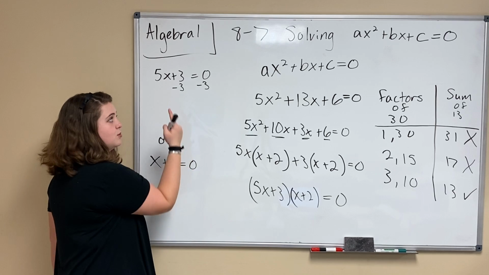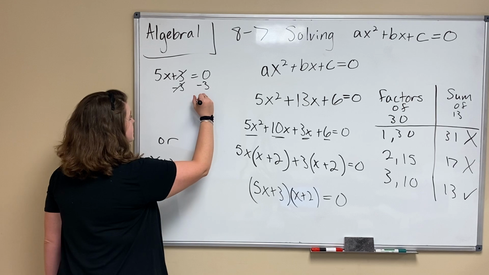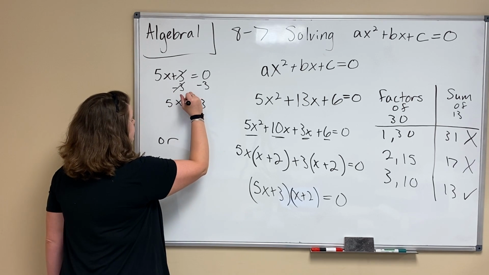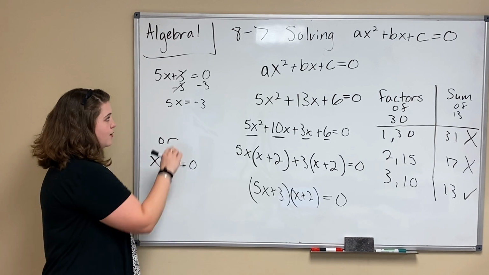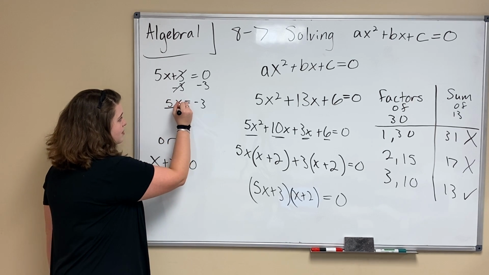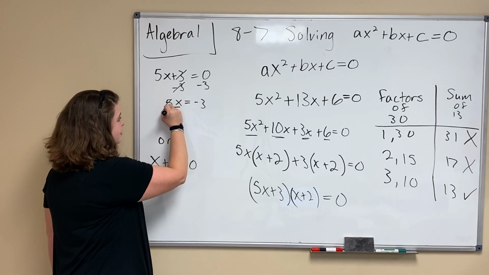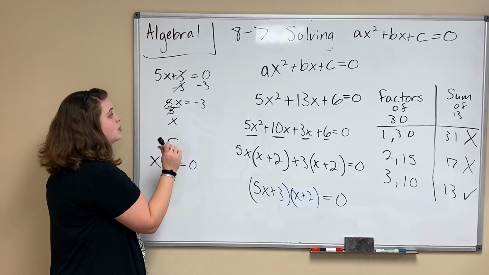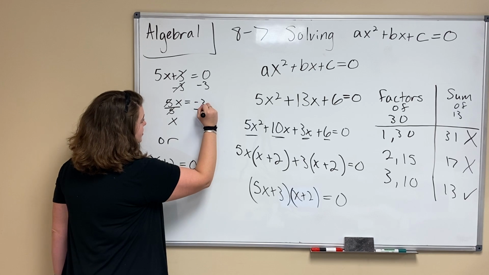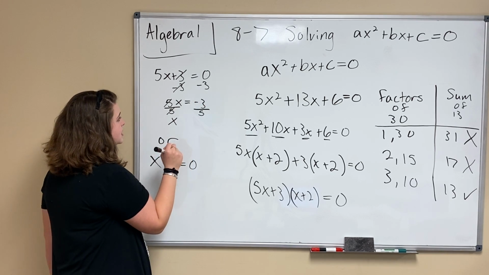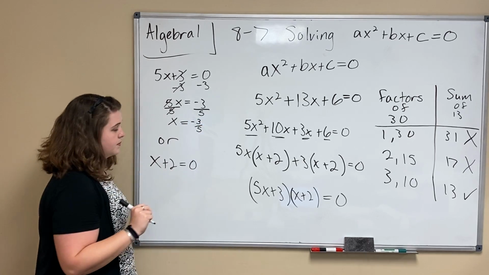Positive 3 minus 3 equals 0, so those cancel each other out. 0 minus 3 is going to give us negative 3. So now we have 5x equals negative 3. Right now I have 5 times x, so I'm going to divide by 5. 5 divided by 5 is just 1, so those cancel each other out, and I just have x over here. But if I do it to one side, I have to do it to the other side, so I'm going to do negative 3 divided by 5 also. So our x equals negative 3/5.